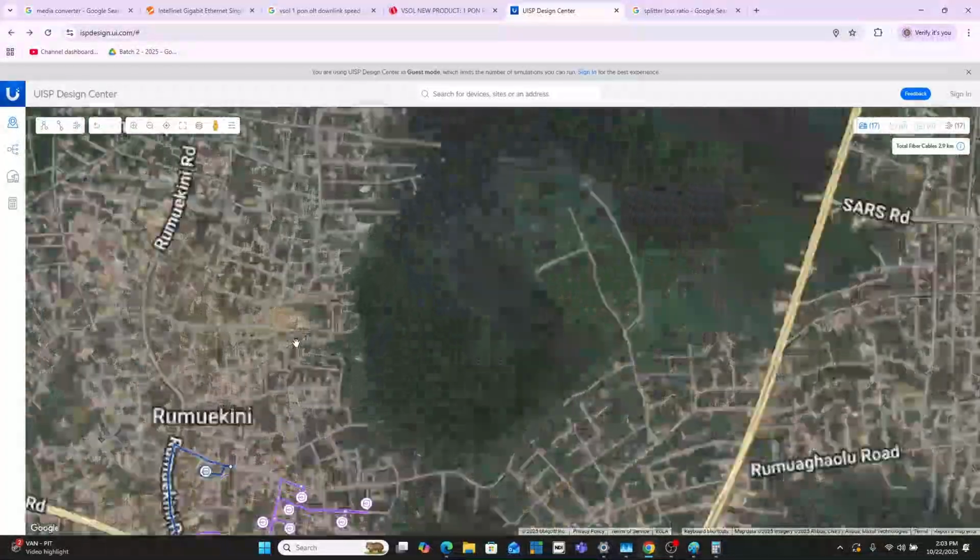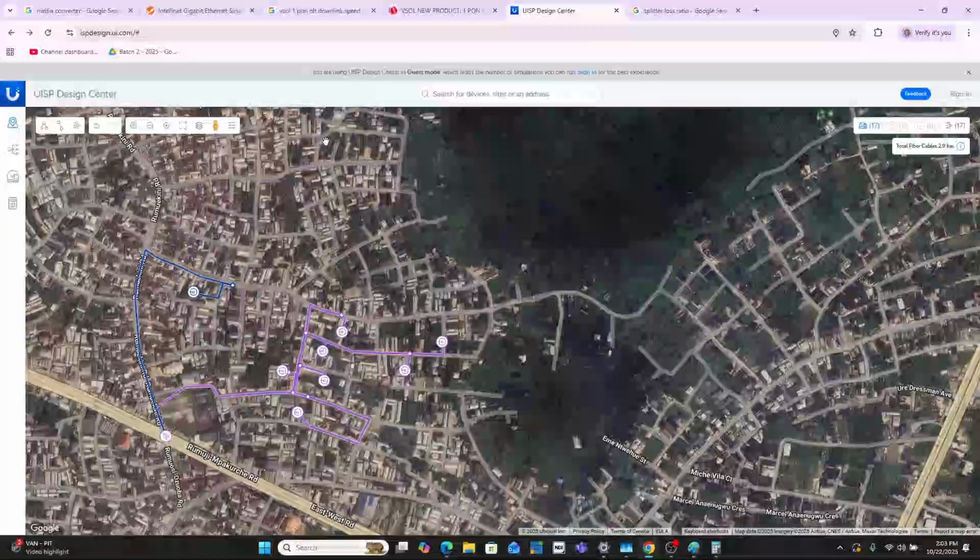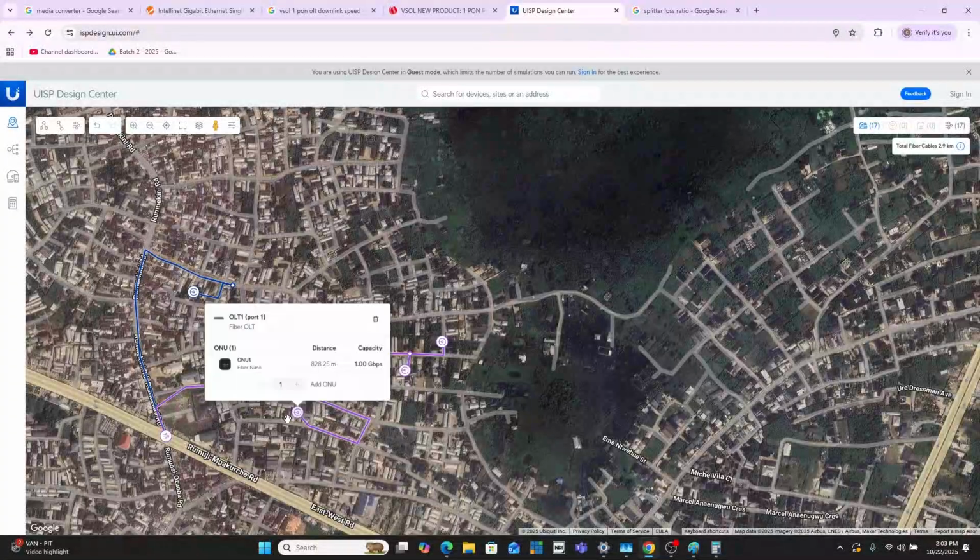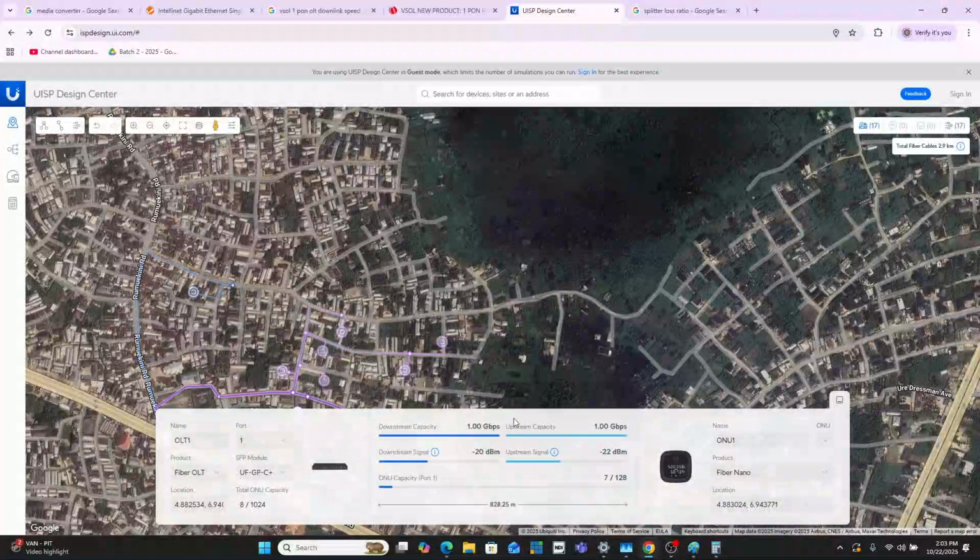You don't need to add the number of customers. Remember, I assumed 10 here. Since you don't need to add the number of ONUs for that place, just change your naming scheme to the area. This is my area 0001, and I'm saying it's for 10 customers.